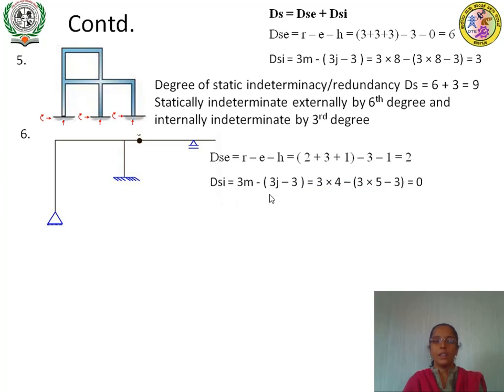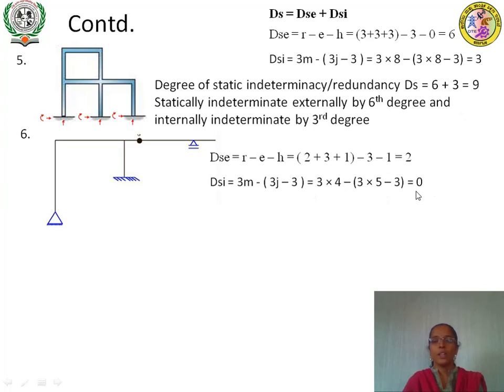And internal indeterminacy is 3m minus 3j minus 3. So number of members 1 2 3 4, 4 members are there. Number of joints 1 2 3 4 5, 5 joints are there.